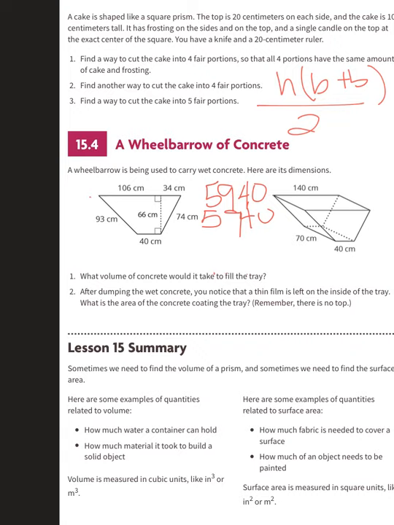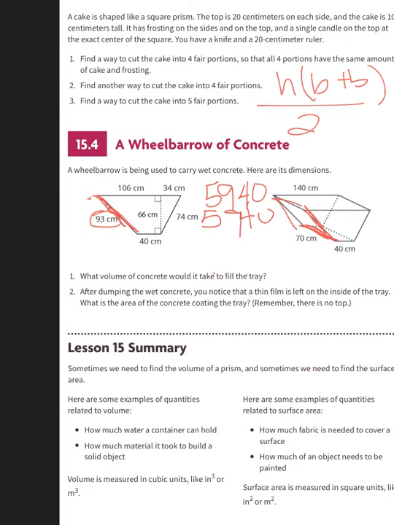So the area of the side right here is 70, and this length is this length over here, so it's 93. So once again, taking my calculator, I go 70 times 93, and I get 6,510.